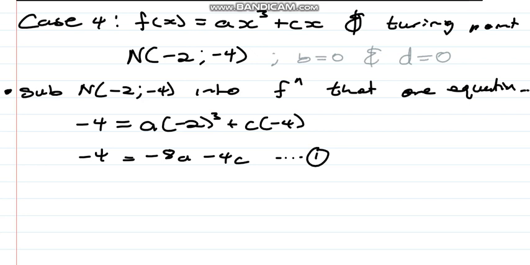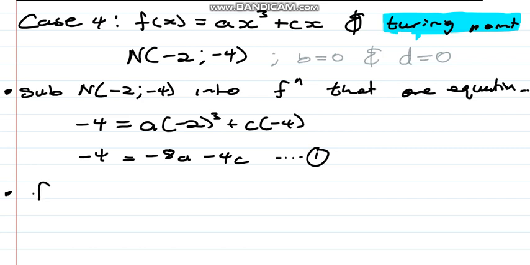So that's the first thing that we can do, right? And we will get the second equation. But another thing is to exploit the idea that they told us this guy is a turning point. How do we find a turning point?